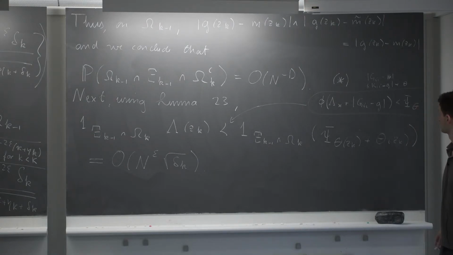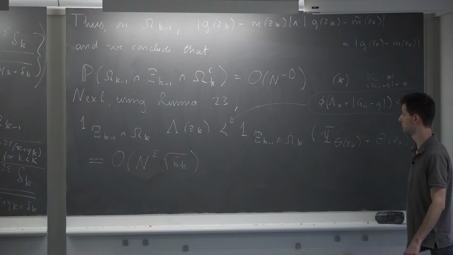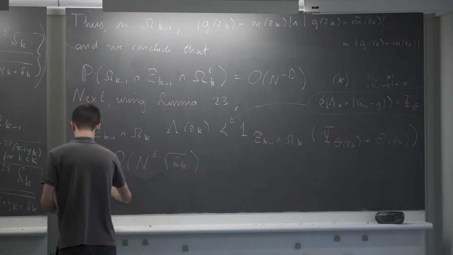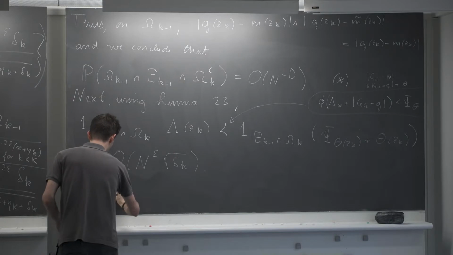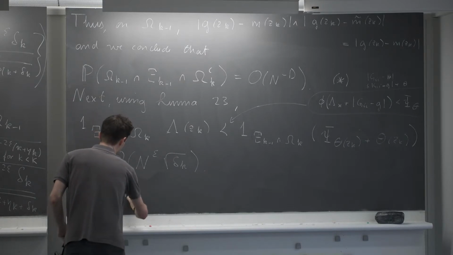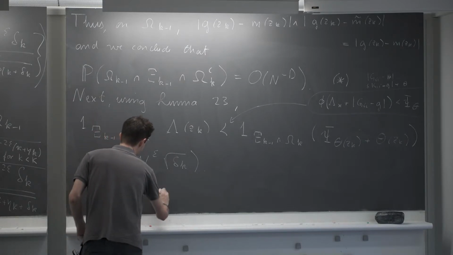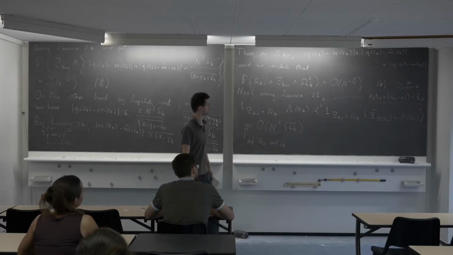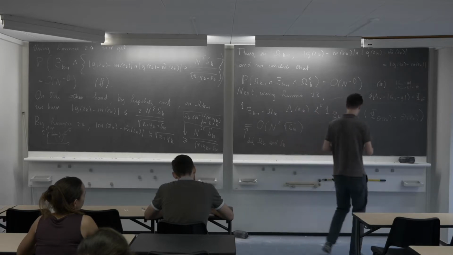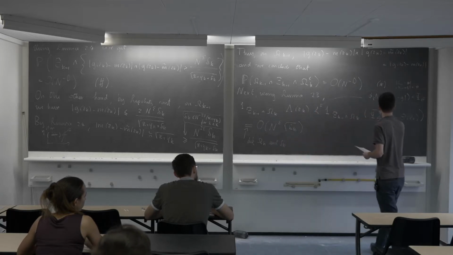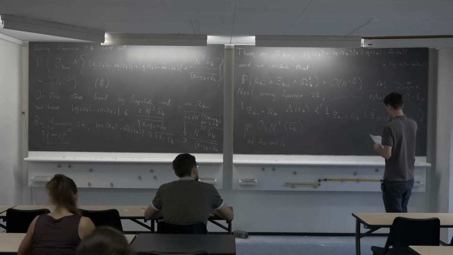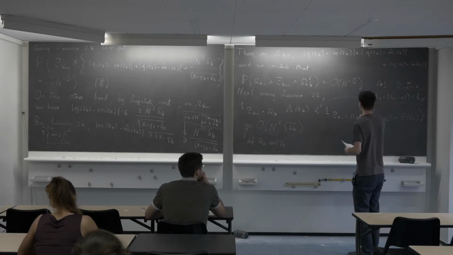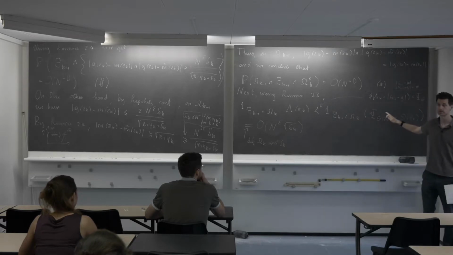This is again something you can check immediately from the definition of omega k and delta k. There's some juggling with exponents, which I will leave to you. Okay, is this clear so far? Is that all right?